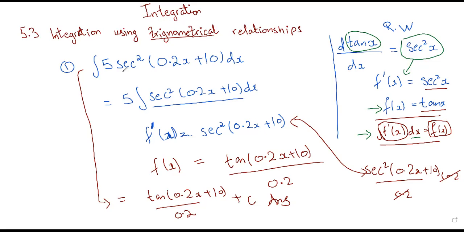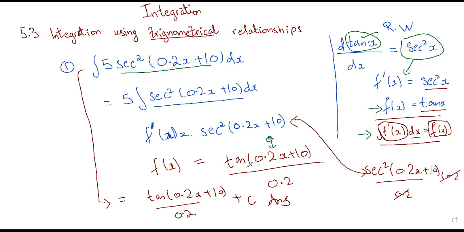In our case, we had secant square 0.2x plus 10. And we know that secant square x is the derivative when tan x is the function. So my first guess was that yes, we'll have tan and whatever I had in the theta part. This is the theta part, you already know that.